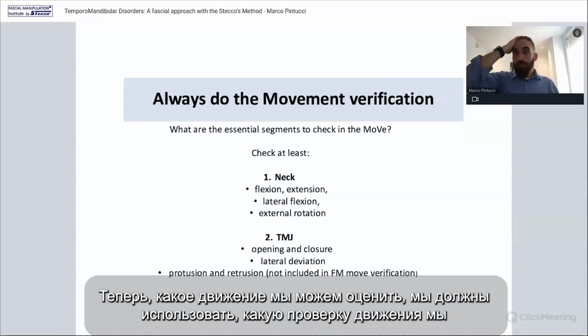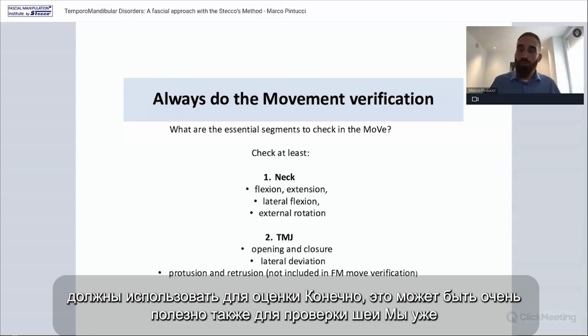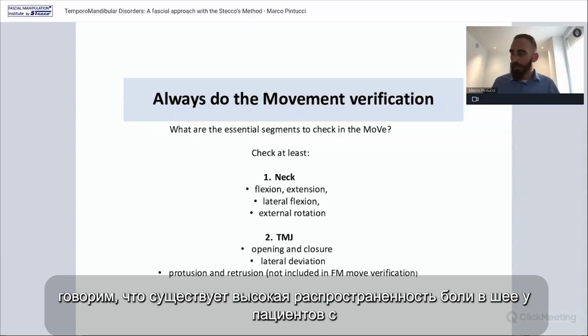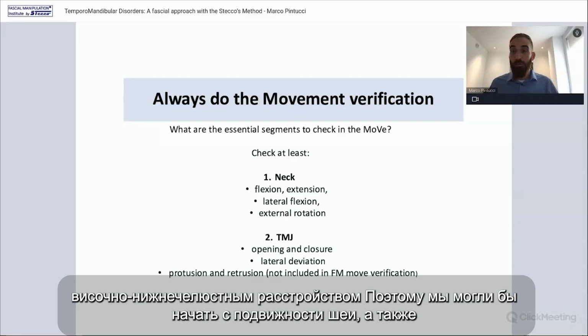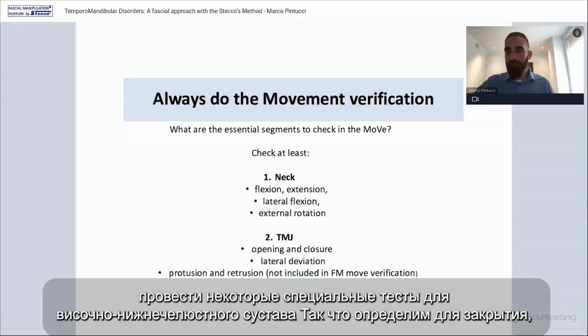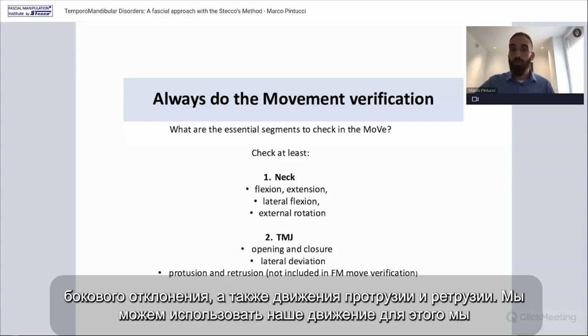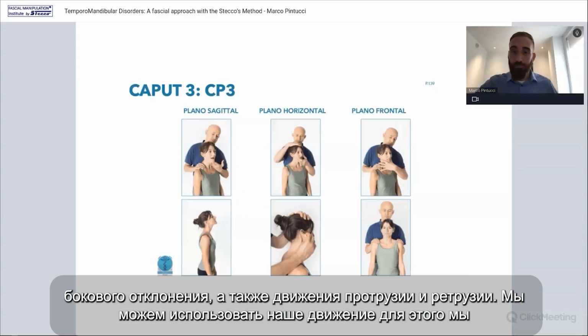Now, which movement verifications should we use to evaluate? Of course, it could be very useful also to check the neck. We already said that there is a high prevalence of neck pain in patients with temporomandibular disorder. So we could start by movement verification of the neck, and also do some specific tests for the temporomandibular joints, for example the opening, closure, lateral deviation, and also the protrusion and retrusion movements.